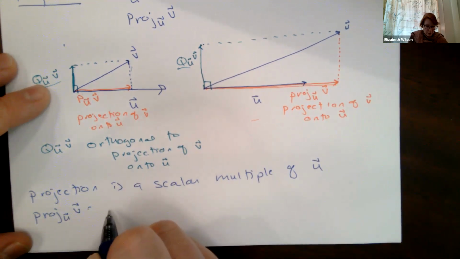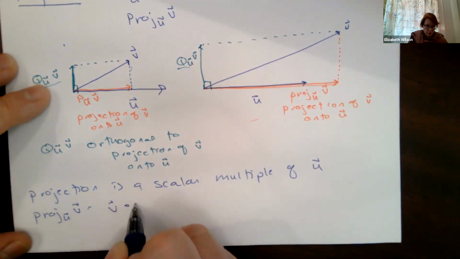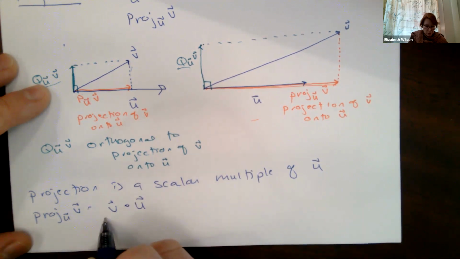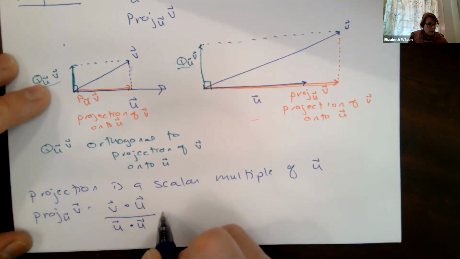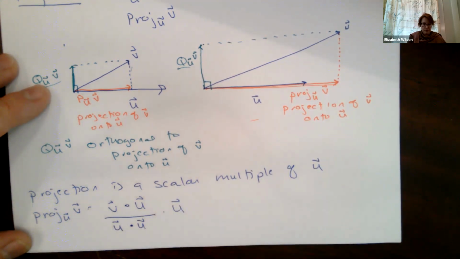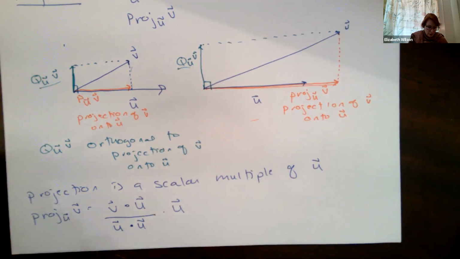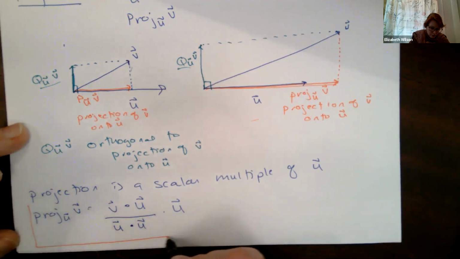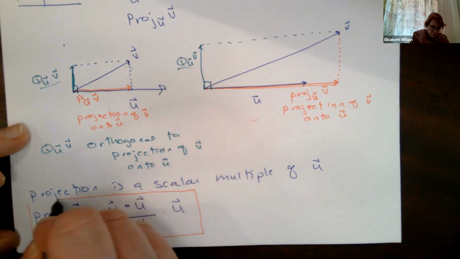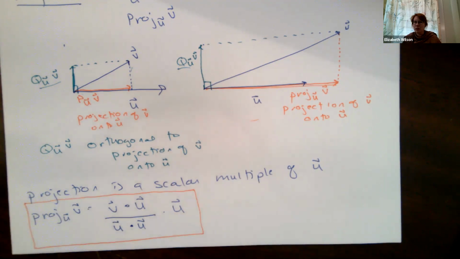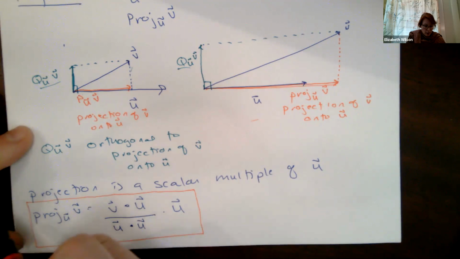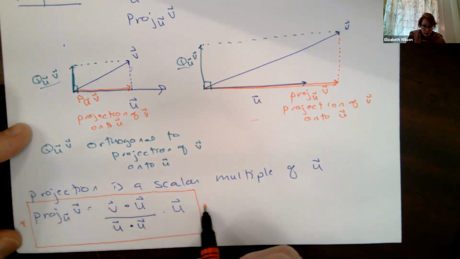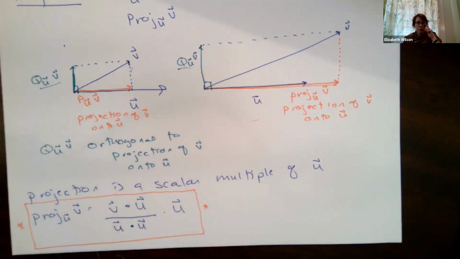I'm going to say it's V dot product with U divided by U dot product with U, times U. I'm going to put this in a red box because this is actually our formula. I'm not deriving it here because there's a really nice, well done derivation in our class notes. If you want to see the derivation, you can go take a look in our class notes.